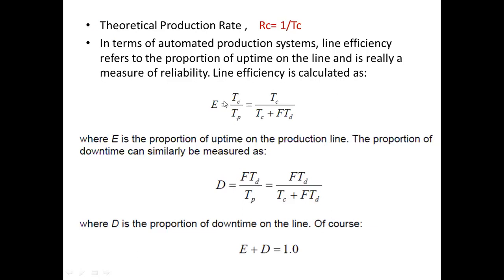If we take the sum of E and D, it equals 1, where D is the proportion of downtime on the line and E is the proportion of uptime of the production line. So the sum of these two must be equal to 1. These are some equations on the basis of which we can calculate the efficiency of the line and the downtime of the line.